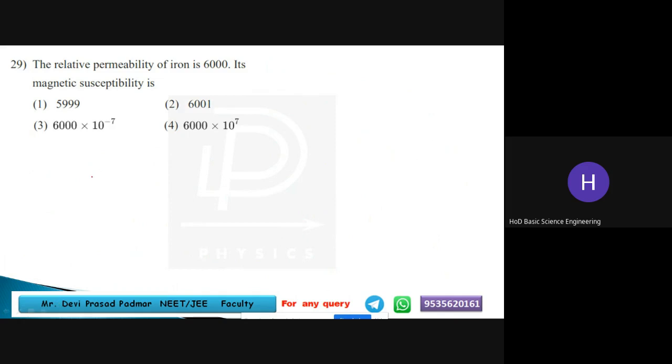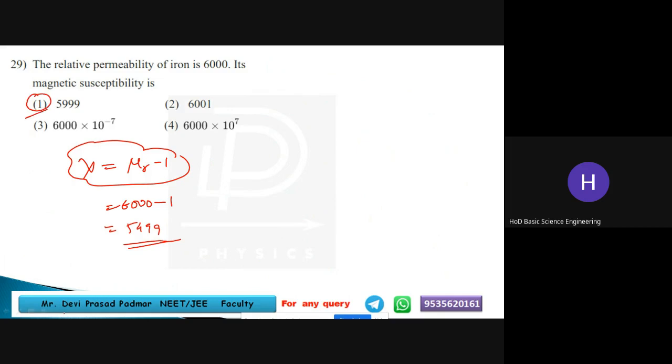This one is direct susceptibility, that is equal to mu r minus 1. Next one.